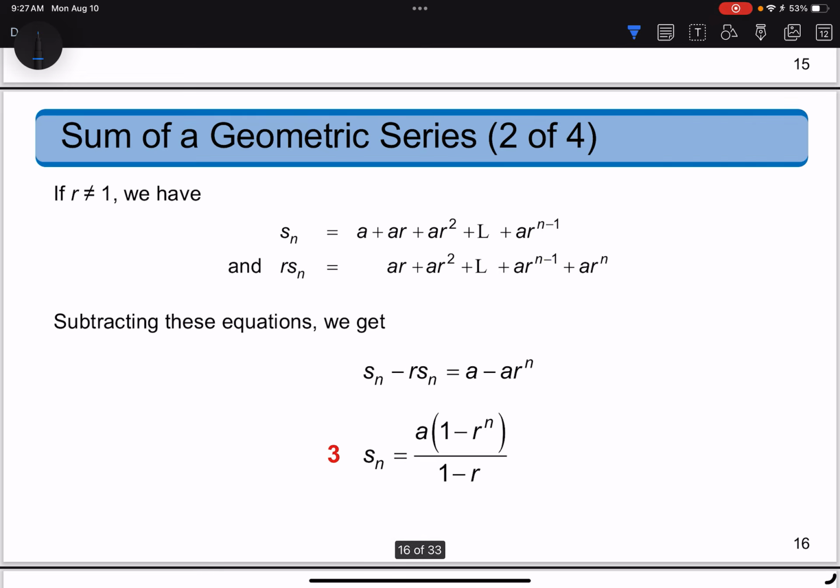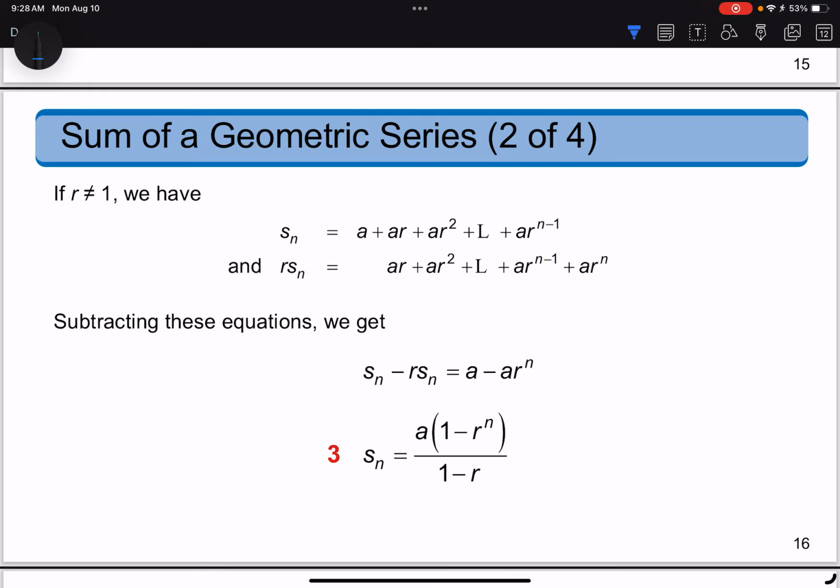If r is not equal to 1, we can derive the formula for the sum. So s sub n is equal to a plus ar plus ar squared and so on and so forth until ar raised to n minus 1. If we multiply this by r, we will have r times s sub n equal to ar plus ar squared and so on and so forth until ar raised to n minus 1 plus ar raised to n.